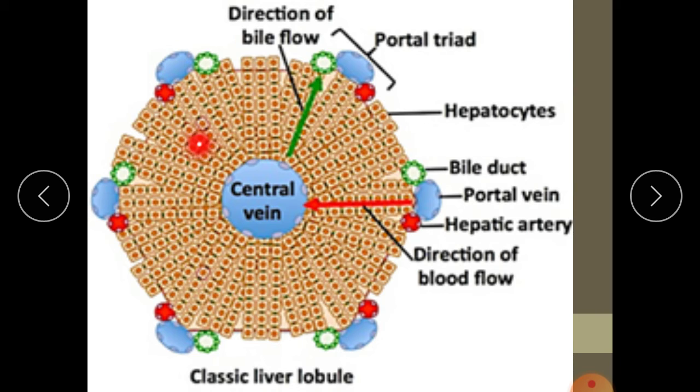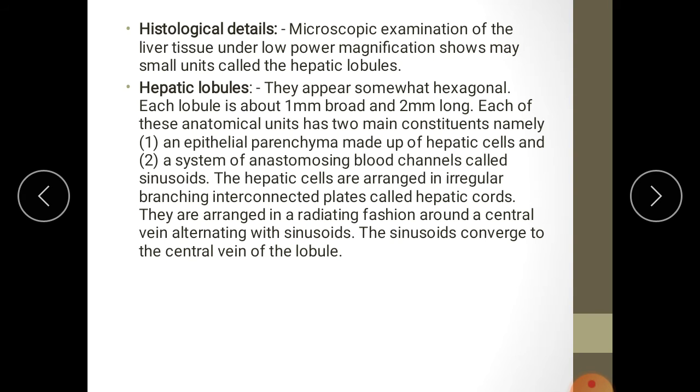Like this, hundreds of liver lobules are present in each liver lobe. They appear somewhat hexagonal. Each lobule is about 1 mm broad and 2 mm long. Each of these anatomical units has two main constituents, namely an epithelial parenchyma made up of hepatic cells and a system of anastomosing blood channels called sinusoids.